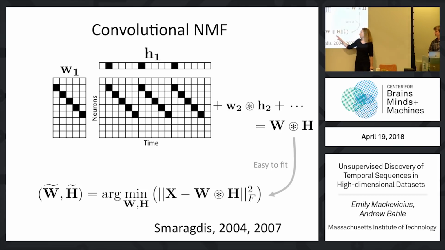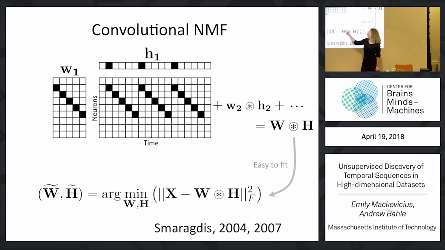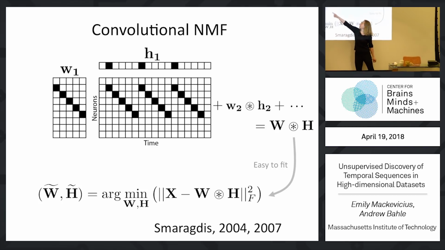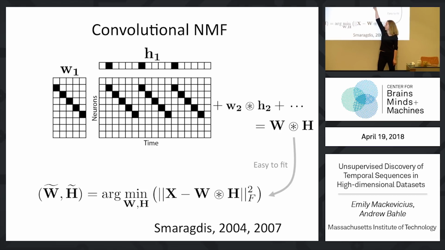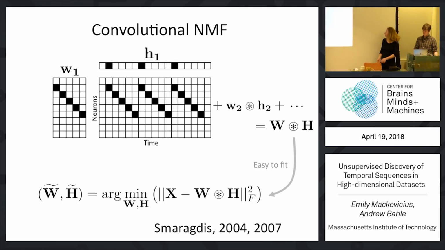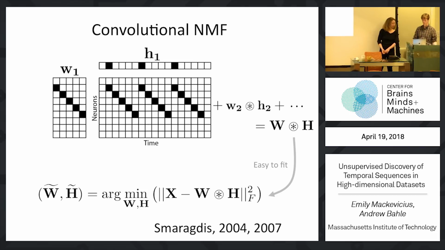So the cost function is you're trying to make your reconstruction of the data, which is like matrix multiplication in the NMF case, but you have a convolution in here now because you're convolving each of your patterns with a time trace, and you want this reconstruction to match your data. This can also be done with the multiplicative update rules.